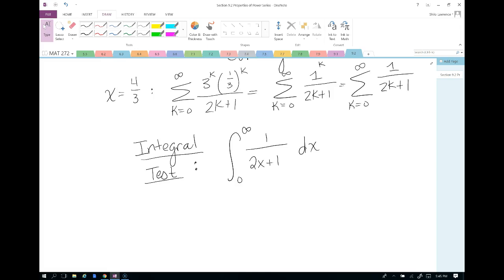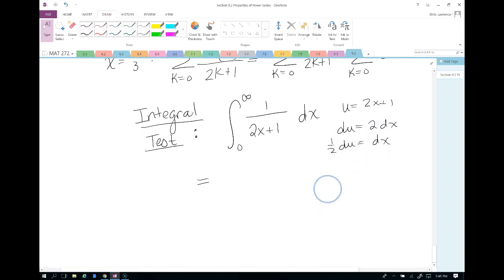So I've got a fraction with a linear denominator. That always integrates to a natural log. You might want to write out the u substitution though, because anytime our x has a coefficient, it's going to introduce an extra coefficient in our answer. So this will turn into a natural log, but we have an extra 1/2 in the front.